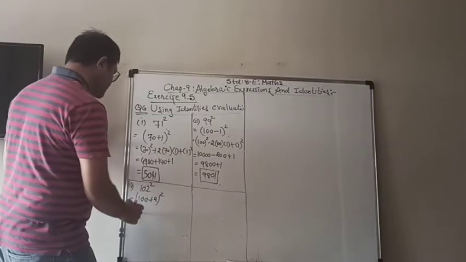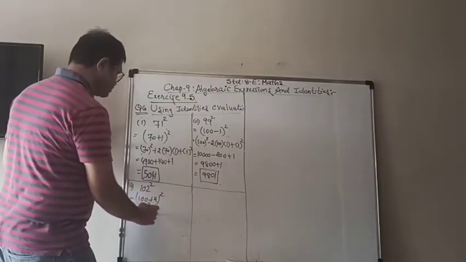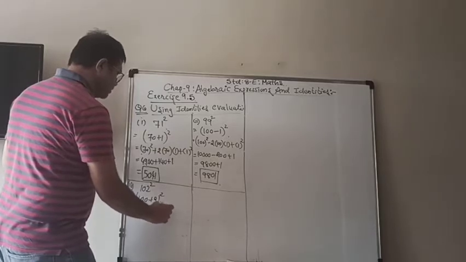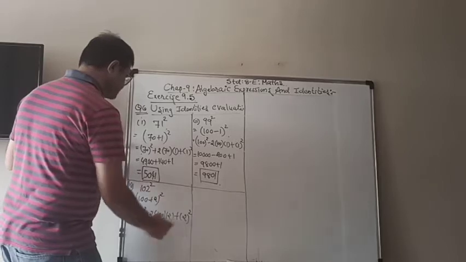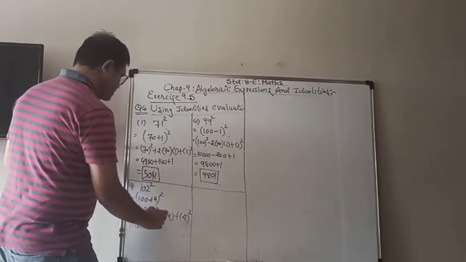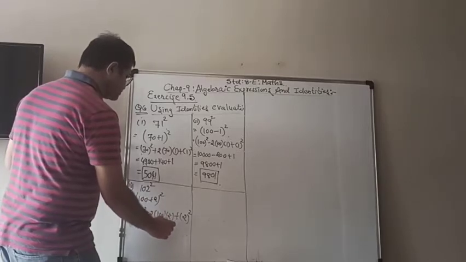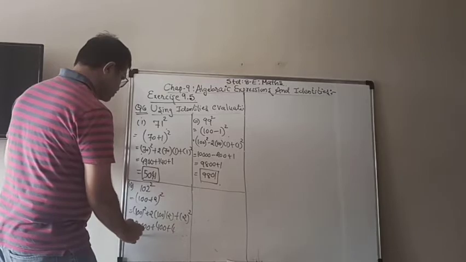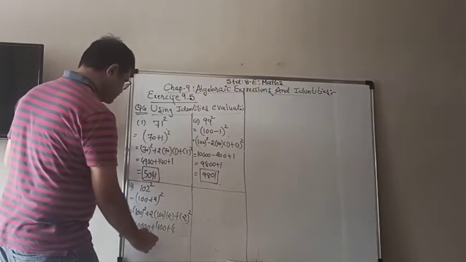Same way using identity 1, 100 square, 2 into 100 into 2 plus 2 square. So 10,000 plus 2 into 2 is 4 multiplied by 100 is 400 plus 4. So it is 10,404.